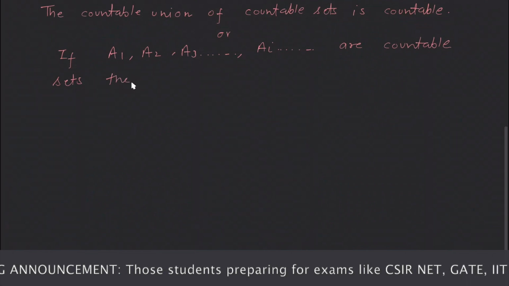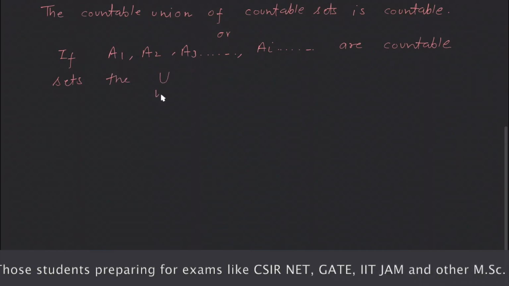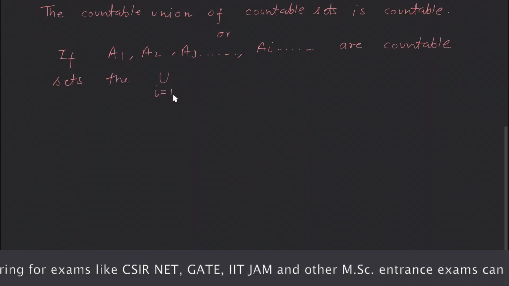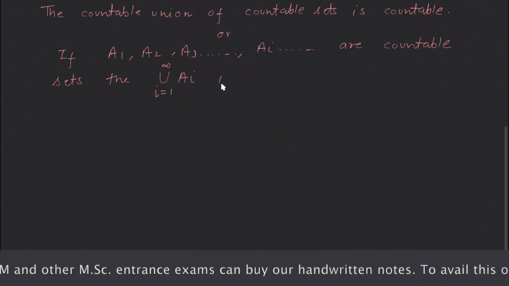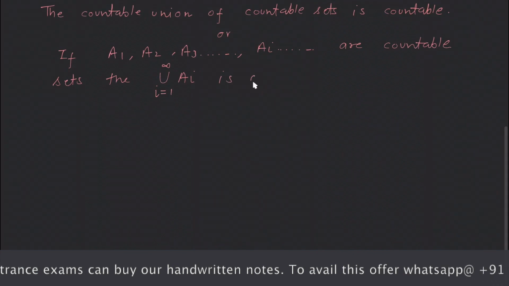Then their union, that means i running from 1 to infinity, Ai, this union is also countable.